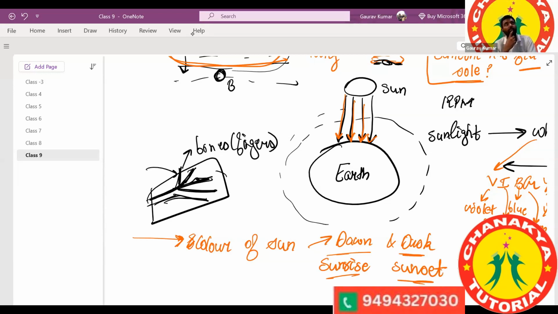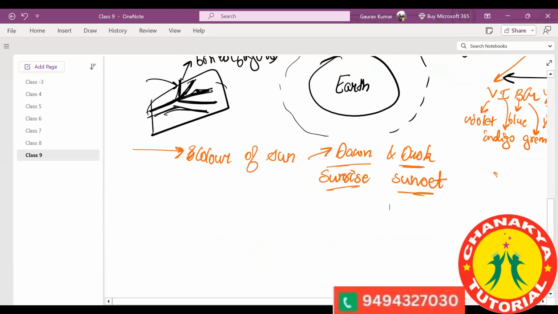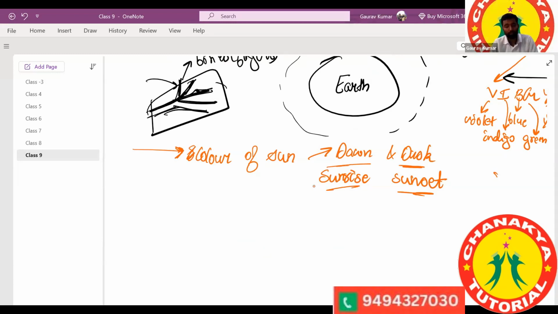And most probably we will do topics like how does the sun appear yellow? It is not because of the actual color, it is because of the splitting of light. It is not actually yellow, it is white. So when we see from here, how does it appear yellow or orange?